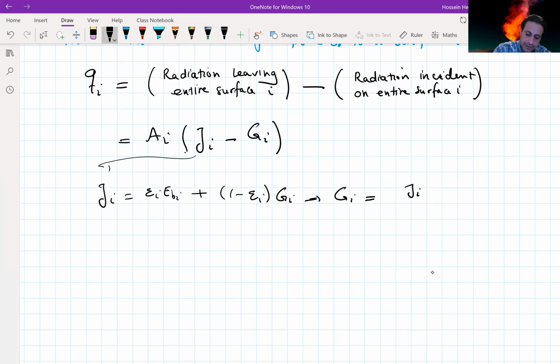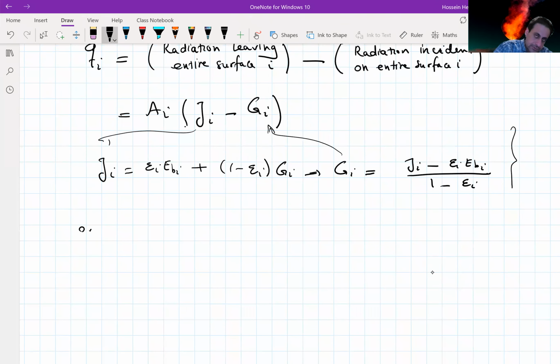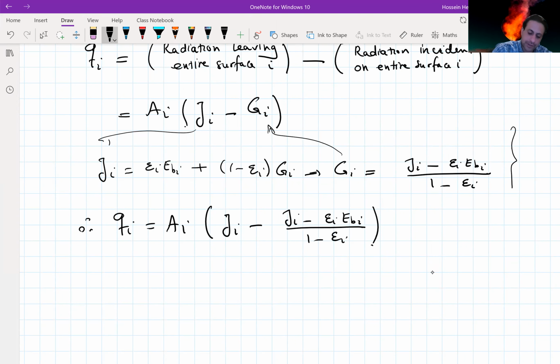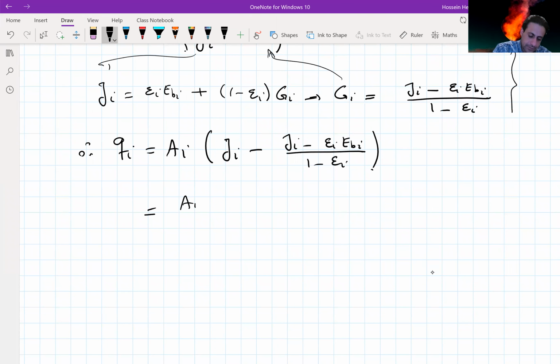Gi is going to be Ji minus epsilon I EBI divided by 1 minus epsilon I. Now, if I replace this here, Qi is Ai times Ji minus epsilon I EBI over 1 minus epsilon I, which with a little bit of rearrangement will be Ai epsilon I over 1 minus epsilon I times EBI minus Ji.